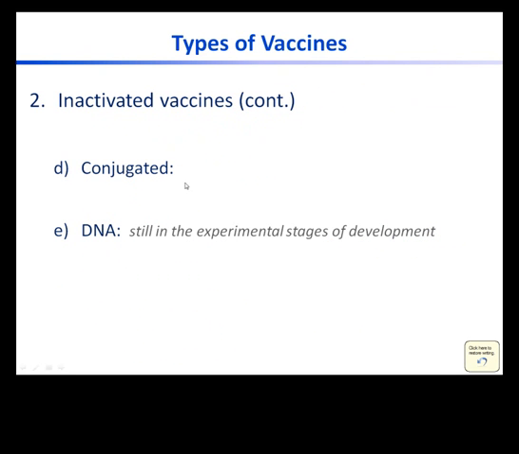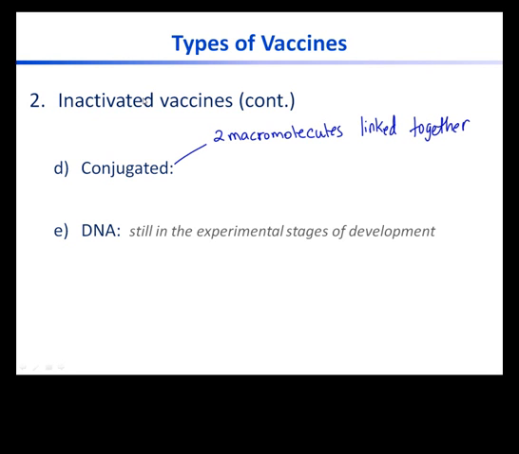Conjugated vaccines refers to two macromolecules that are linked together or conjugated. This is used to drive an immune response to a poor antigen that is found on the pathogen.